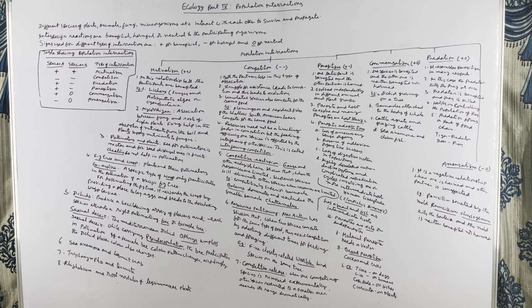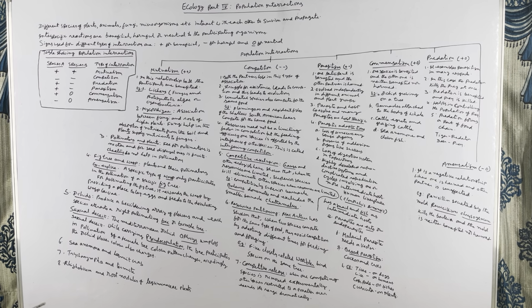Trichonympha synthesizes the enzyme cellulase and helps in the digestion of cellulose. In this way, it helps the termite to digest cellulose. In return, the Trichonympha gets free accommodation and also food from the termite.